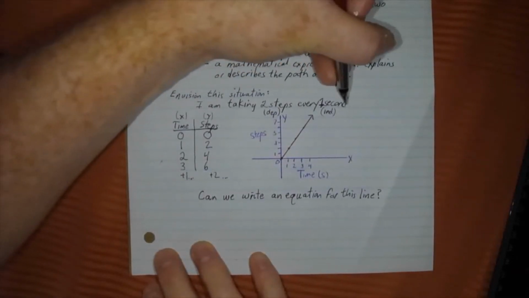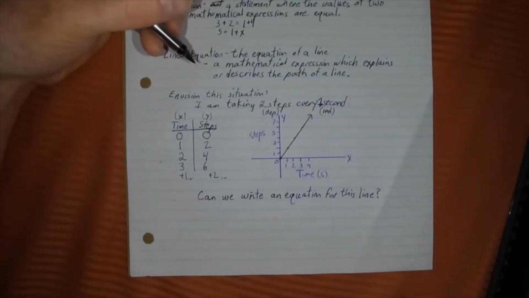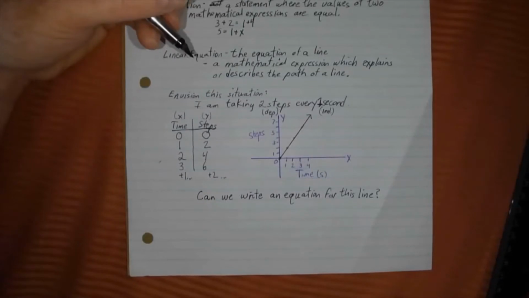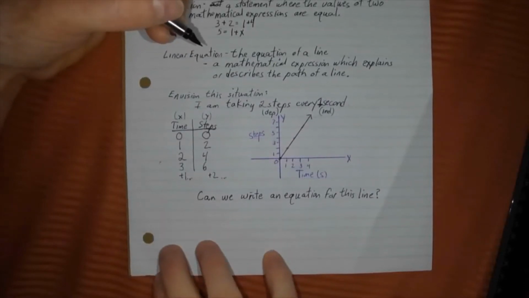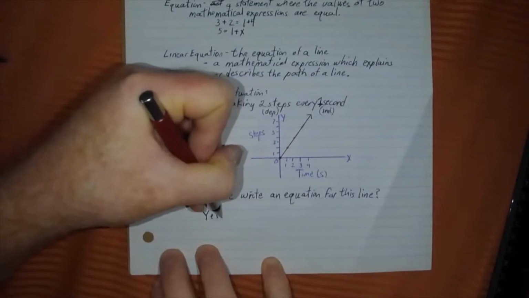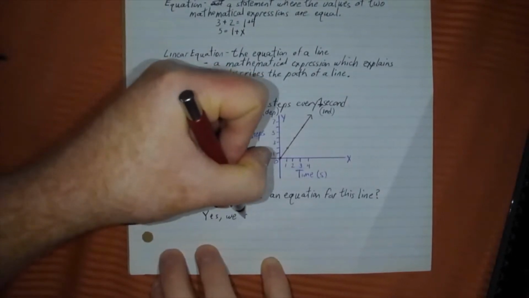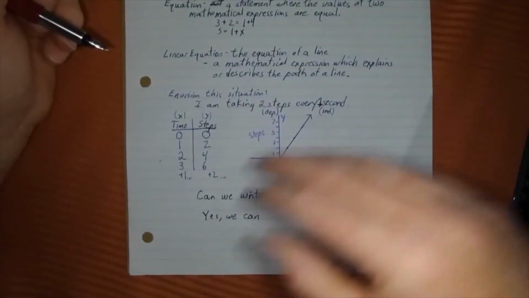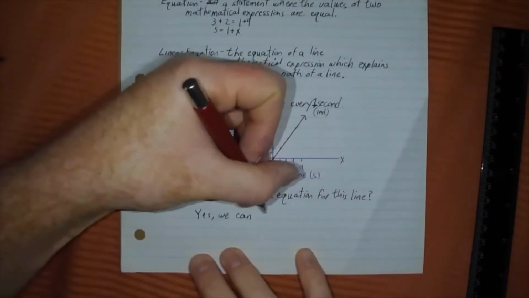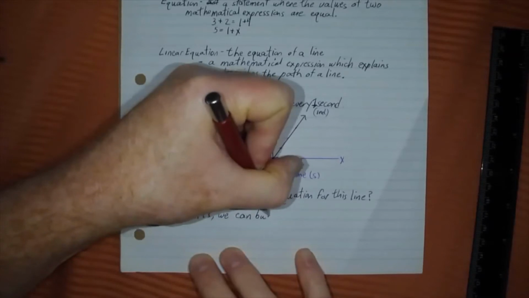You can try to determine an equation from this. Or what we can do is we can work with some other known forms. Yes, we can, but we need a few pieces of information.